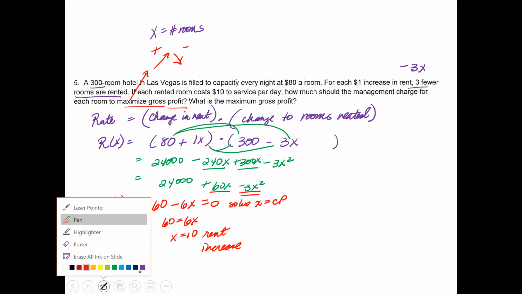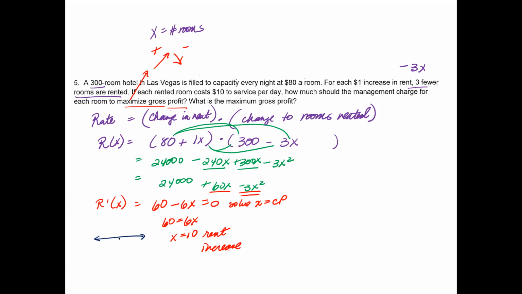And of course, if you do a sign line on this, here's my x, which is 10. You can do R prime of 0 on the left side and R prime of 11 on the right side, plugging into this equation. You should have that R prime of 0 is positive and R prime of 11 is negative. So it should go up, then down.